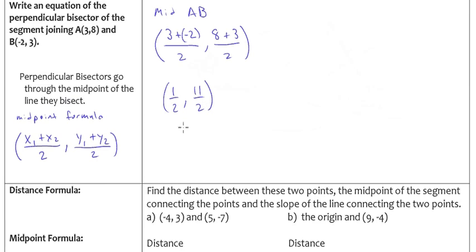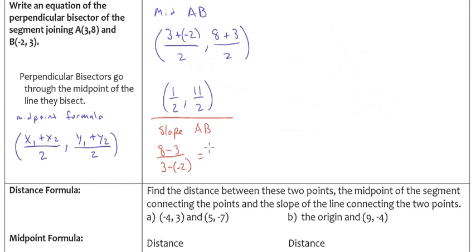And now we need to find the slope. So our slope of AB is going to be, what's our points here? So 8 minus 3, that's the difference in your y's, over 3 minus negative 2, the difference of our x's.